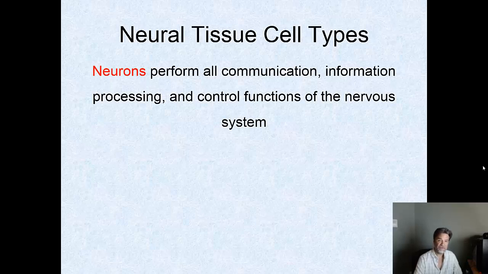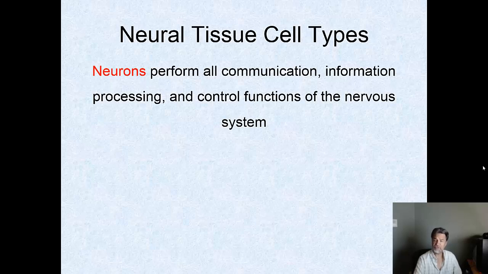It has several short extensions out of it called dendrites, and one major long cellular extension called an axon that is going to be used to communicate information between the neuron's cell body and another cell. Perhaps a cell found in the heart, a cell found in skeletal muscle, or even another neuron.